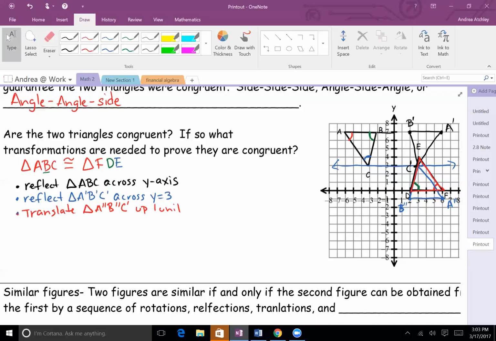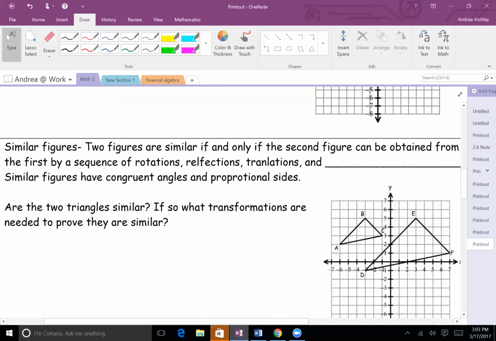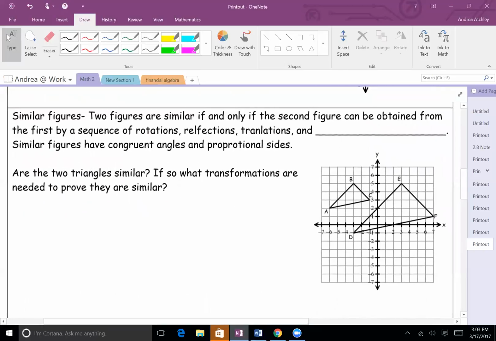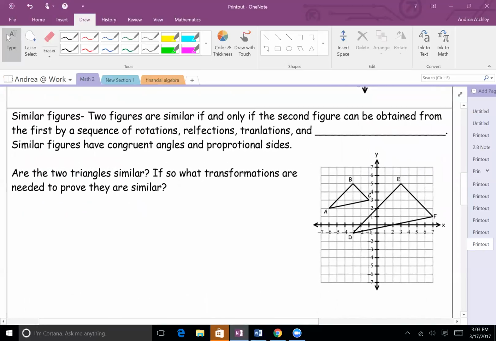Now this year we're going to focus on similar figures. And similar figures are slightly different than congruent figures because they're not exactly the same. They're the same shape but bigger in size. So it's a scale model. If you talk about architects, they make scale models of whatever they want to build.